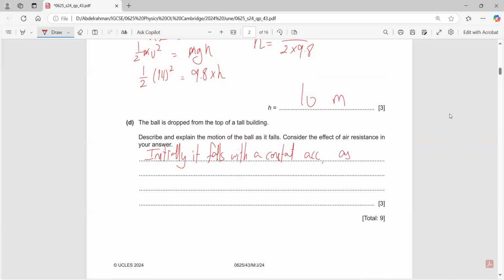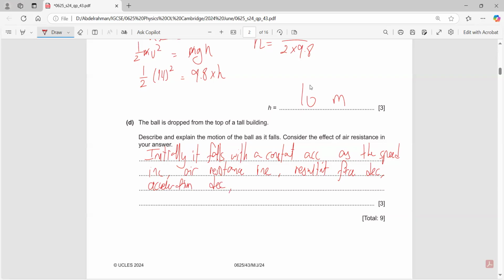As it speeds up, the air resistance increases. Therefore the resultant force on the ball decreases, resulting in a decreasing acceleration.